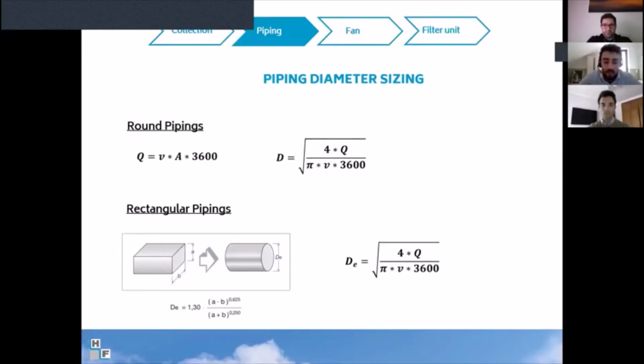In this case, we have to adjust the formula, keeping in mind this difference, and we have to calculate the hydraulic diameter, dA, in order to design the diameter of the piping in the proper way. But it's basically the same.